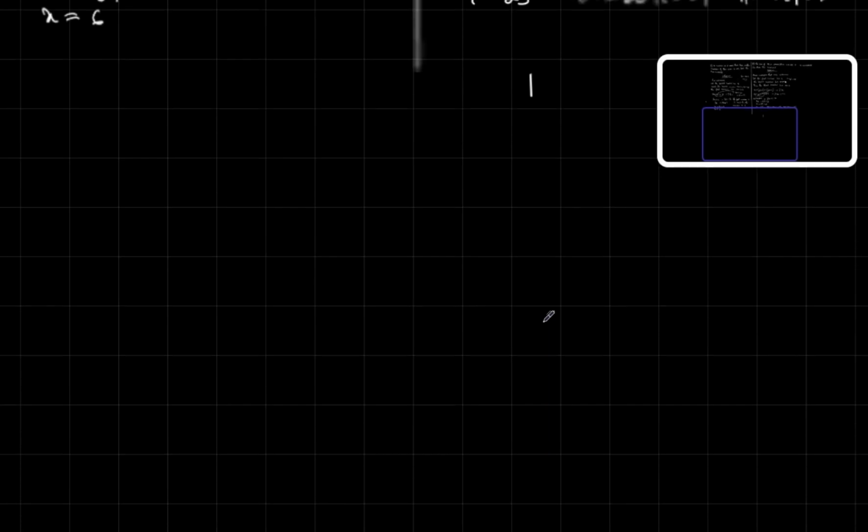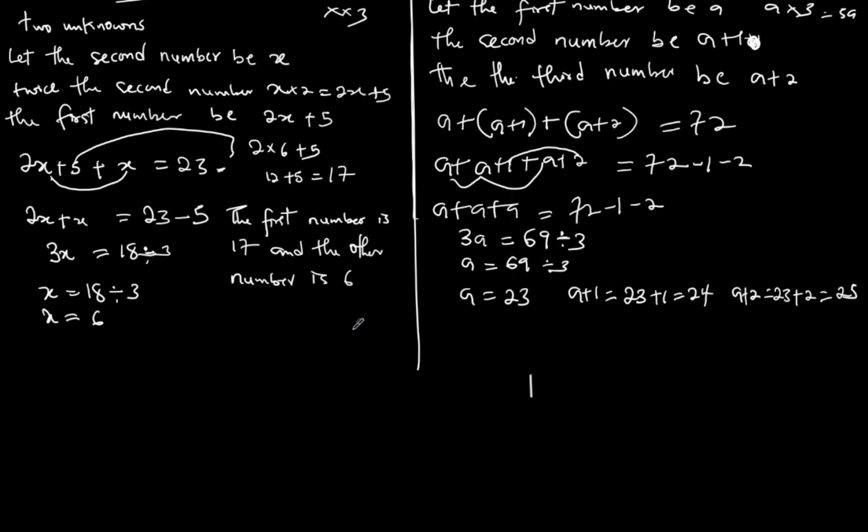So the first number, which is A, is 23, then the second number is 24, and then the third number is 25. Write it out.